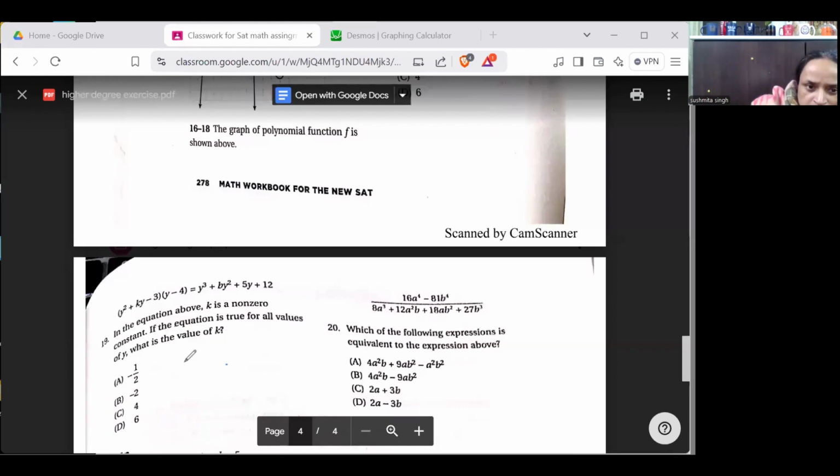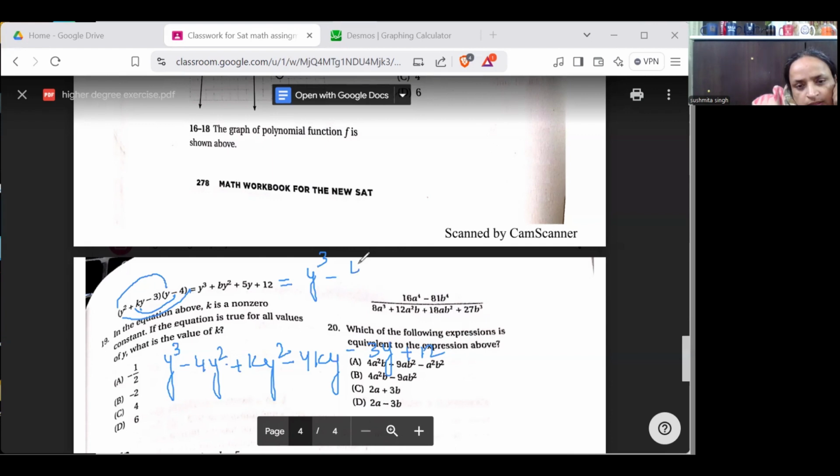So you simply multiply, and it becomes y cubed, y squared multiplied by y, and then minus 4y squared, then plus ky squared, and then minus 4ky minus 3y plus 12. So this should be equal to y cubed minus 4y squared plus ky squared minus 4ky minus 3y plus 12.